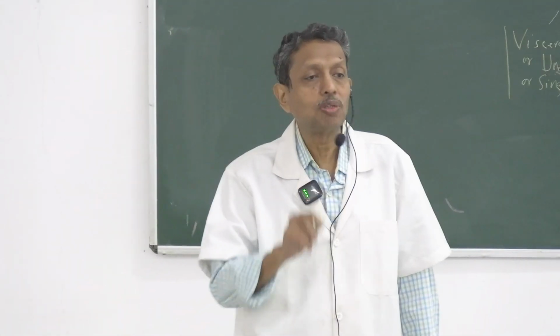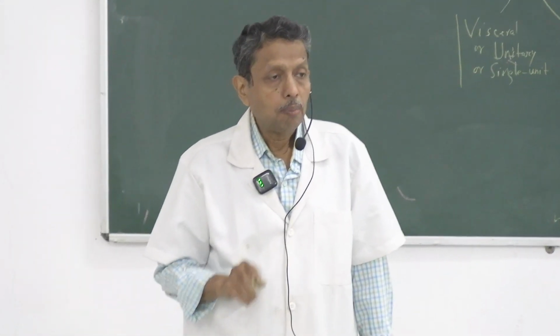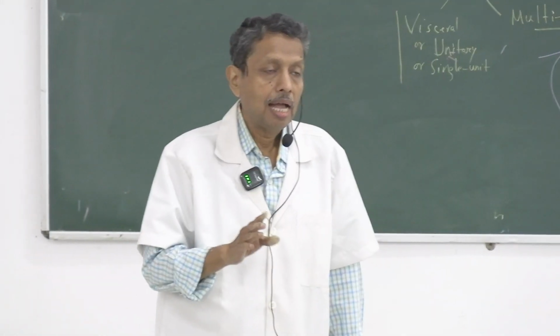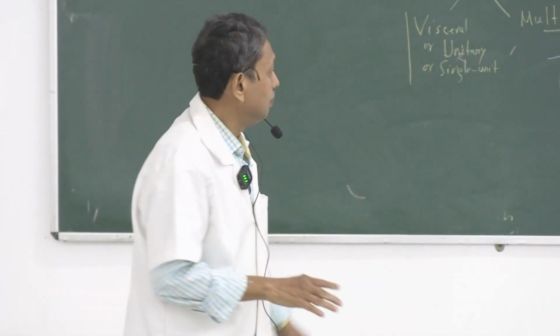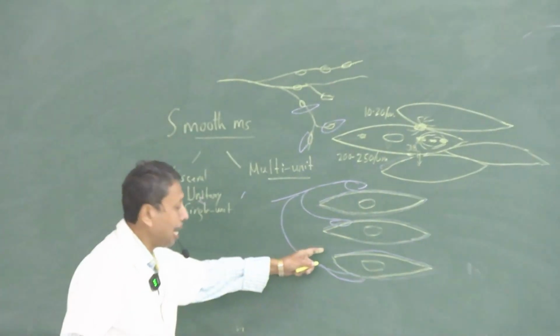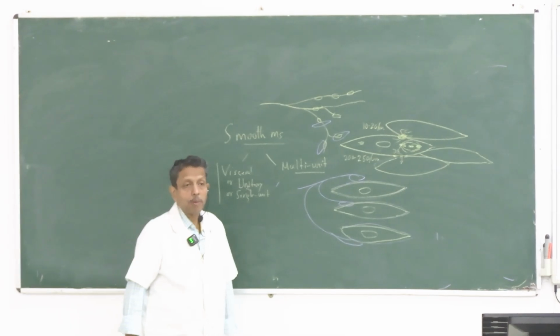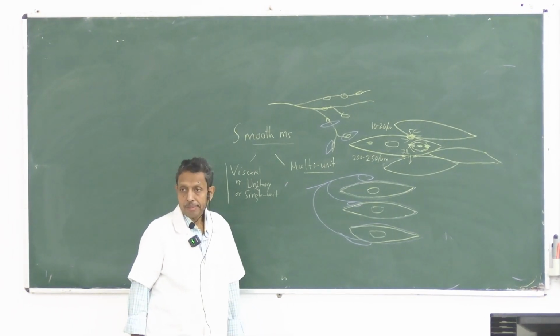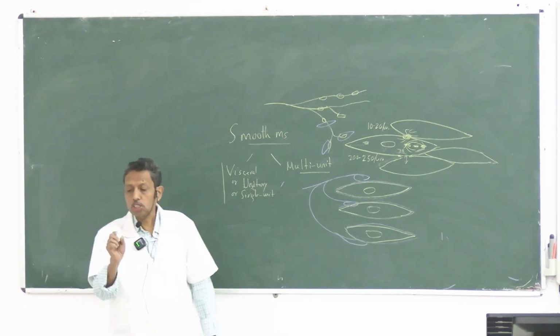Multi-unit smooth muscle, the distribution is at few sites, and their requirement is that they cannot be controlled by us. Suppose the constriction of the pupil.